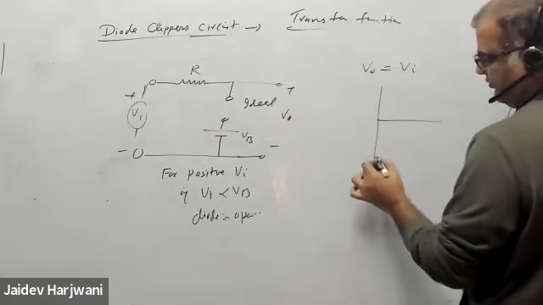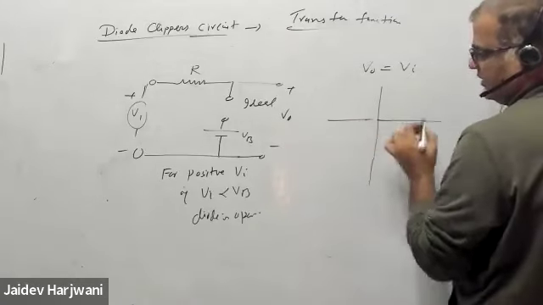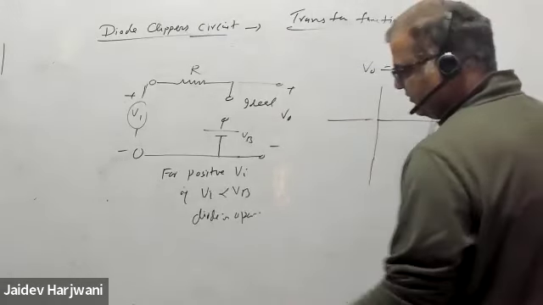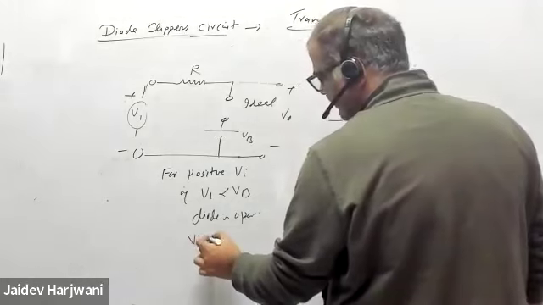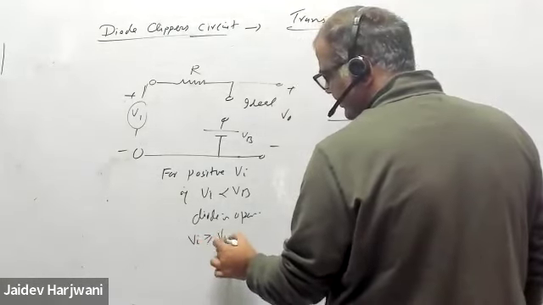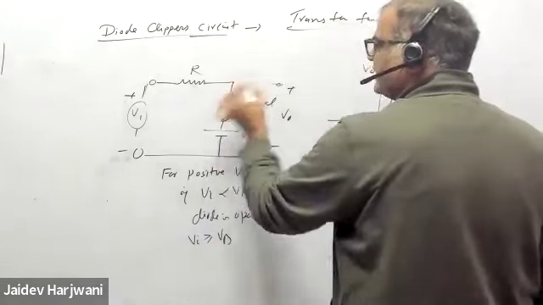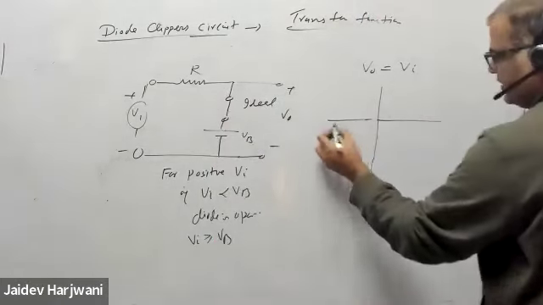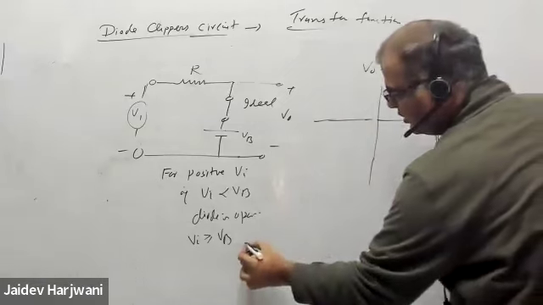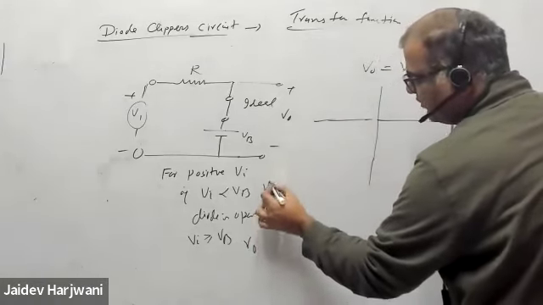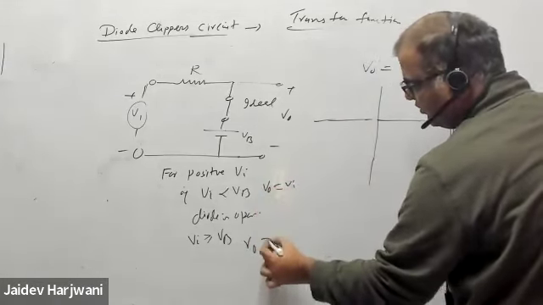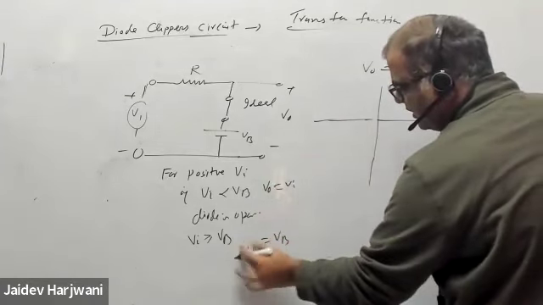For what? If Vi is less than Vb. And once Vi becomes equal to or greater than Vb, this will become a short circuit. So this voltage will come exactly here. So V naught will be equal to V input here, and here V naught will be equal to Vb.